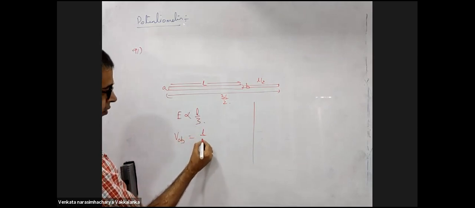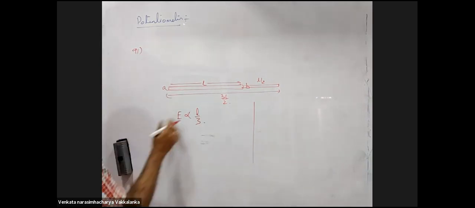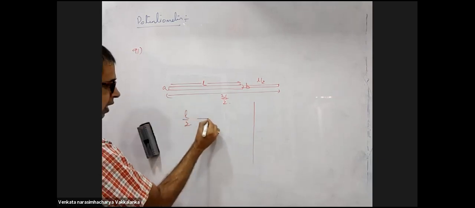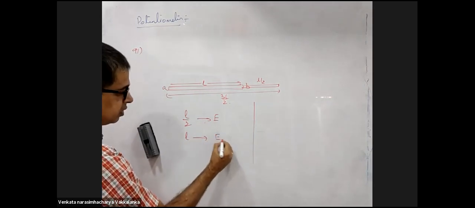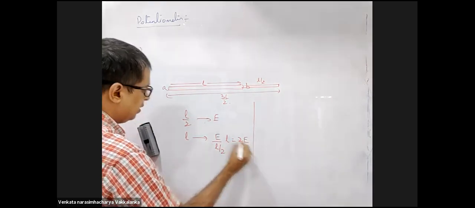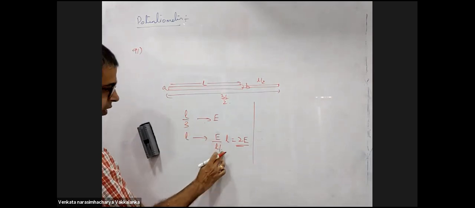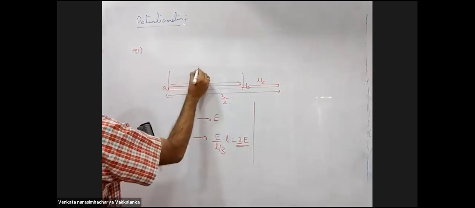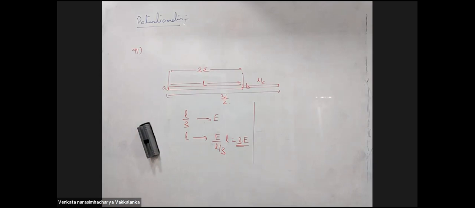L by 3 length corresponds to E. L corresponds to how much? 3E. So potential difference across this was 3E. First point. Is that clear?